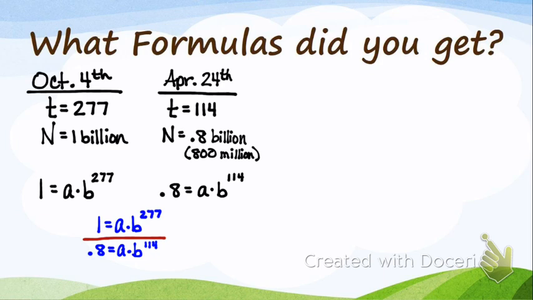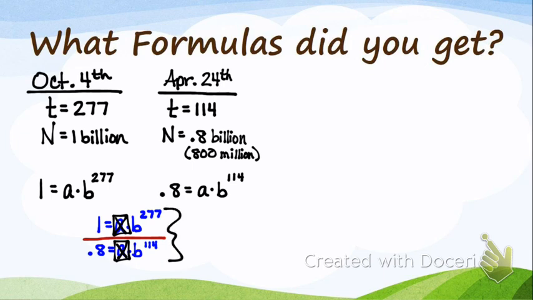Good question. I love that you asked that question. If I divide these things, what can I cancel? I can cancel the A. I can't cancel the B because they don't have the same powers. But I can use a property of exponents here. Do you guys remember how to handle it when we are dividing things that have powers?